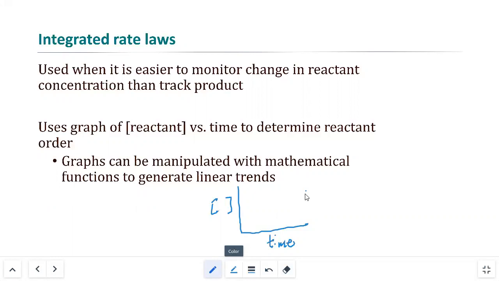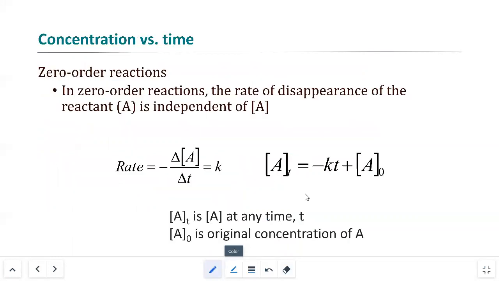And how we get to that linear graph is going to help to determine what the order of the reactant is. There are three different linear plots that we are going to be looking at: one corresponding to zero, one corresponding to first order, one corresponding to second order.